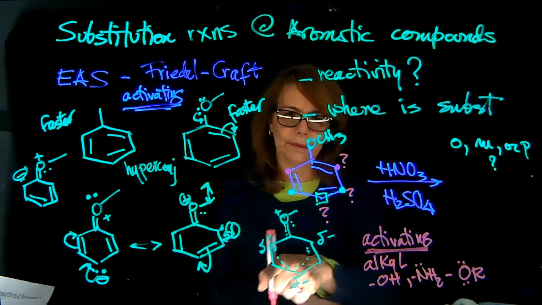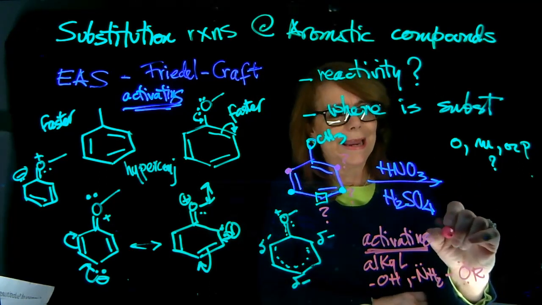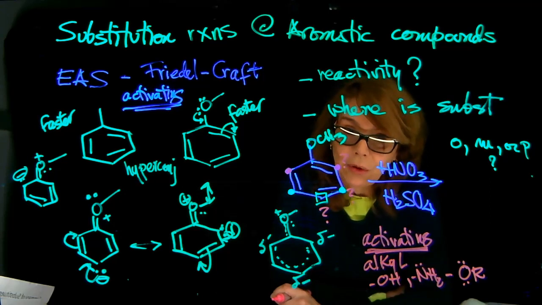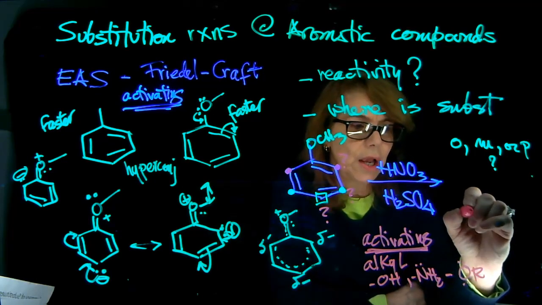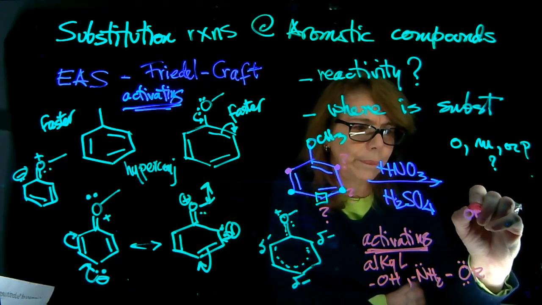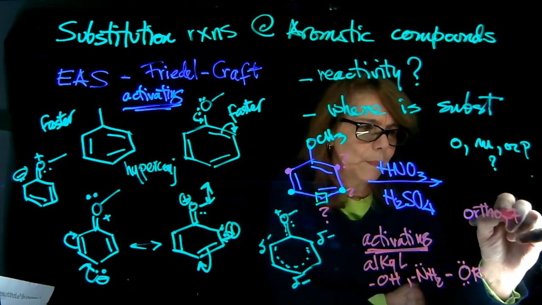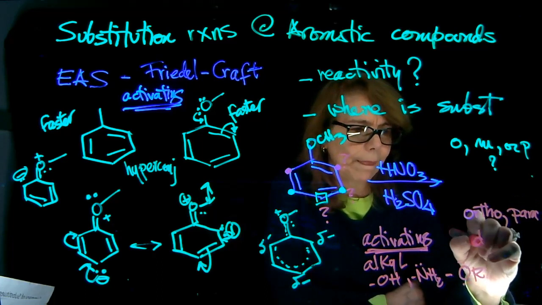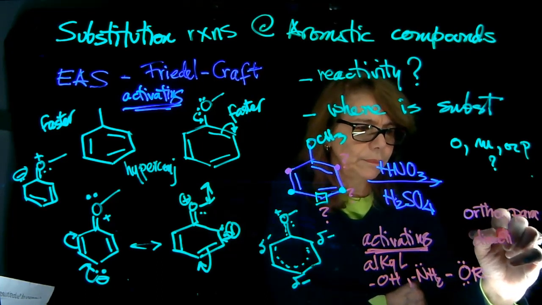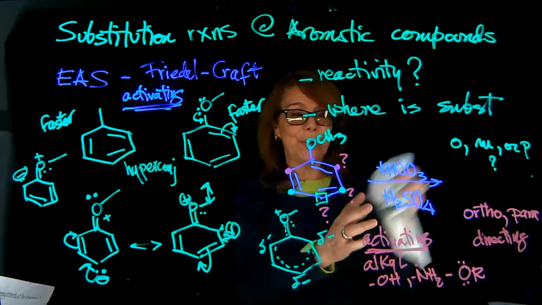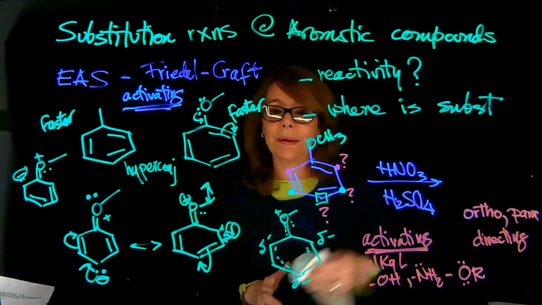They can do that donation to the ring. And because there is more electron density in the ortho and para positions, they are ortho-para directing groups.